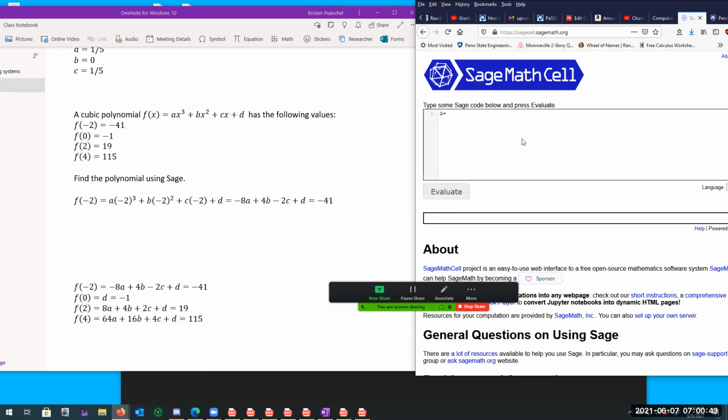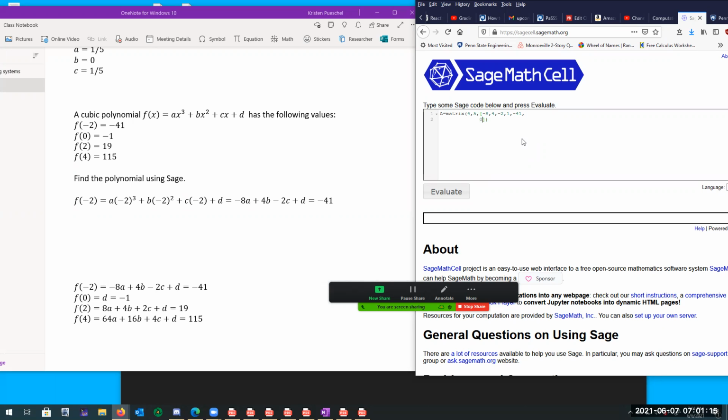Okay, so we're just going to form our matrix. We have 4 equations, so we're going to have 4 rows. We have 4 unknowns and an augment, so we're going to have 5 columns. And we're going to write out all of our entries using square brackets. So we get -8, 4, -2, 1, -41.